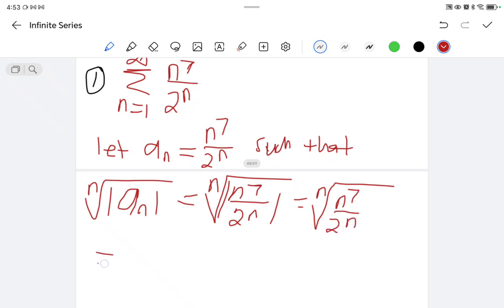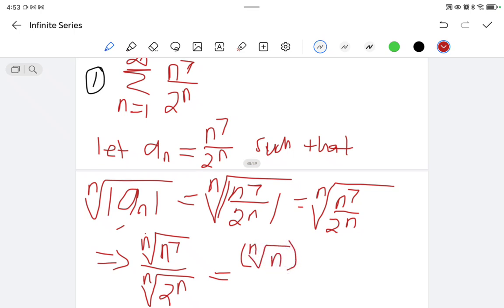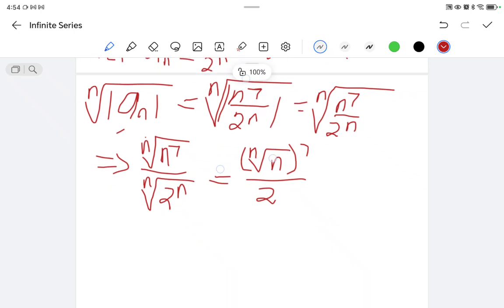We're allowed to take out the power and put it outside, then we'll have 2 here. Now I must come and apply the limit.